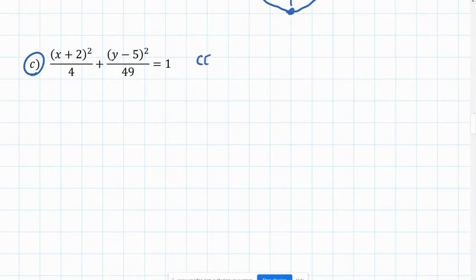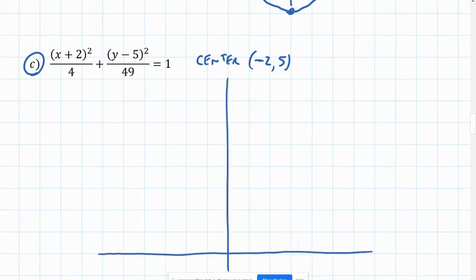Our center for this ellipse is at -2, +5. So our center is here.